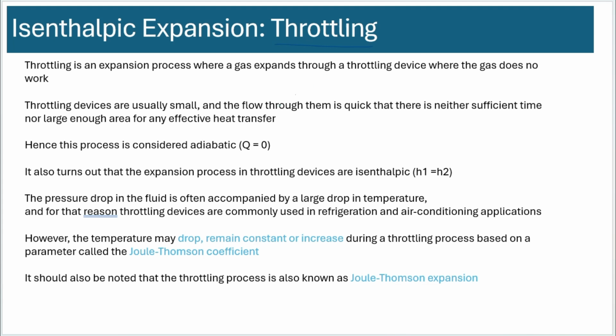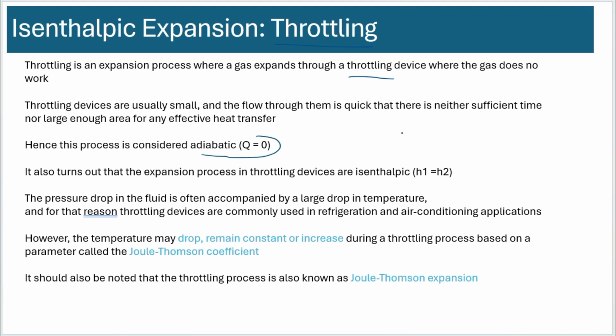In refrigeration, there is expansion happening in your refrigerator, in your air conditioner, all of them, whichever is using a vapor compression system, and that's happening through a throttling device. These are usually small, and the flow through them is very fast, so there is not a large enough area for any heat transfer. Hence, the process is considered adiabatic.